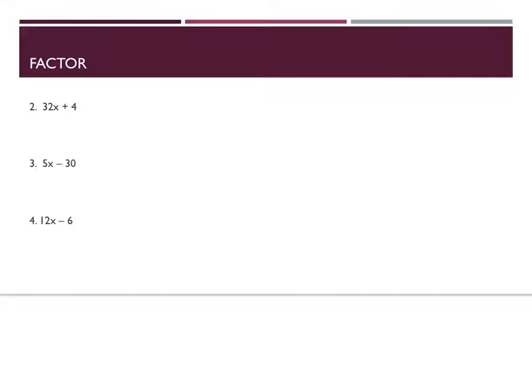32x plus 4. I need something that goes into 32 and into 4 evenly. But not only that, I need the biggest thing that goes into 32 and 4. That's going to be 4.